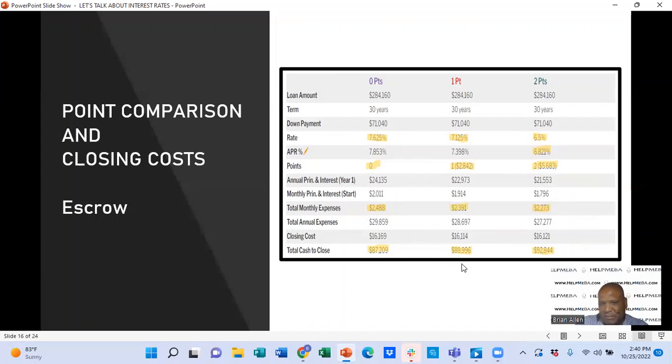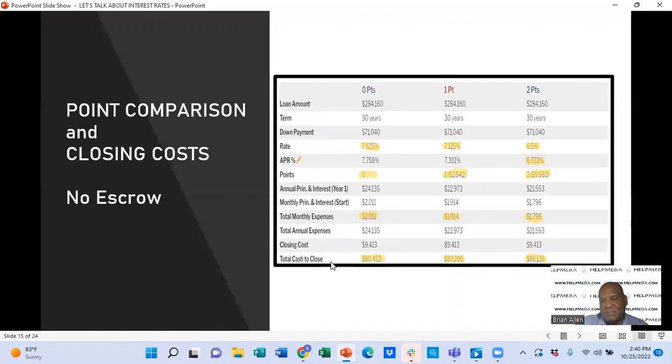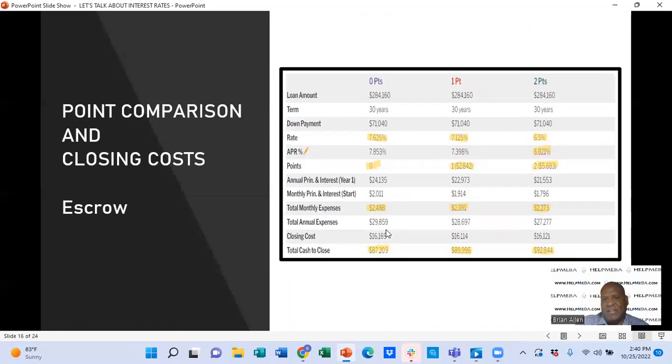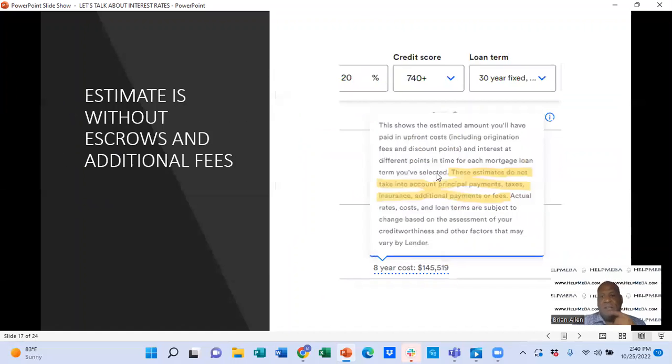The difference is about $2,000 or $3,000, but there's $6,000 more than the no escrow, or almost $7,000.